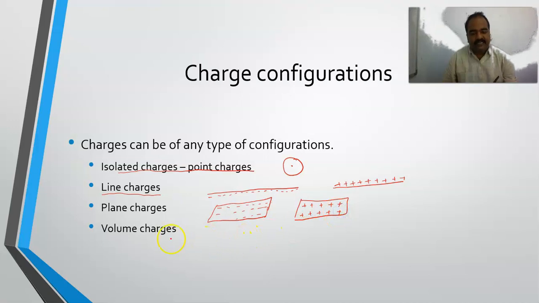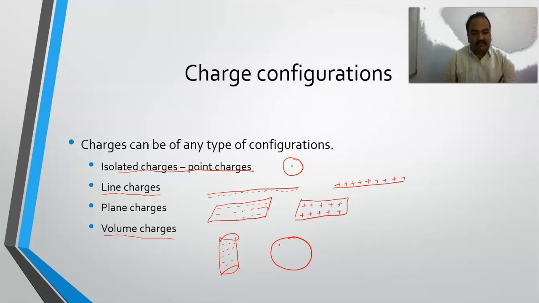And the next one is volume charges. Volume charges are basically three-dimensional charges, just like you can have a cylinder basically. And it may be having negative charges. Or you can have a spherical one. Okay, this is a spherical charge basically.